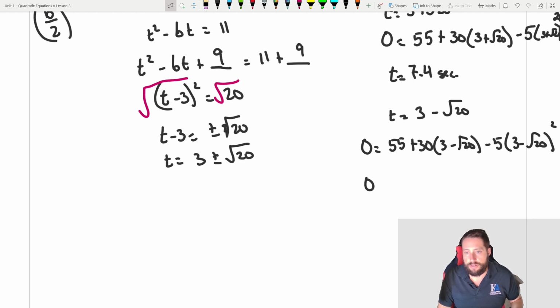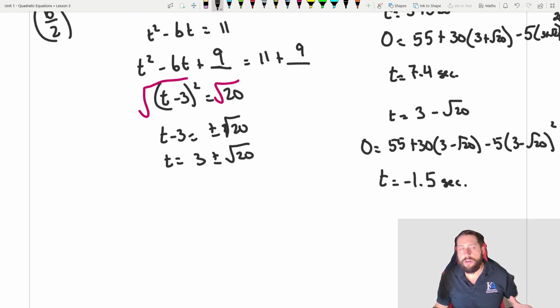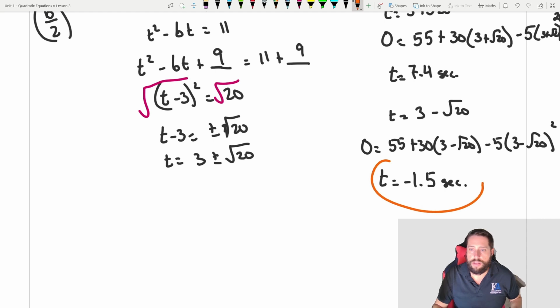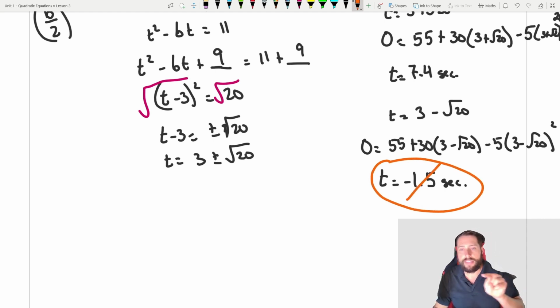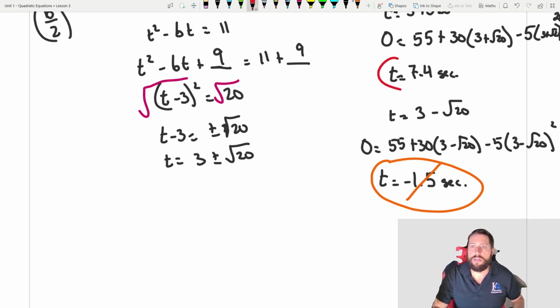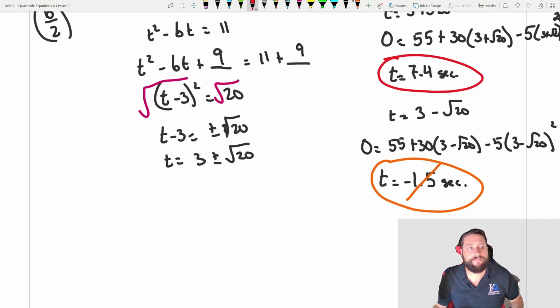You should get t is equal to negative 1.5. However, when it comes to time, you can't have a negative. So t is equal to negative 1.5 does not work, which means that this is the only answer.